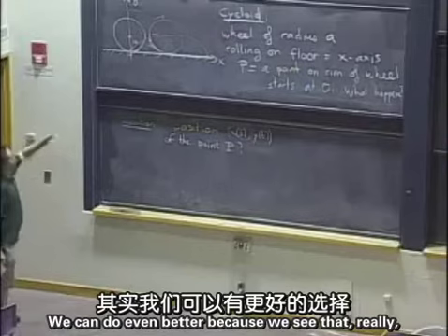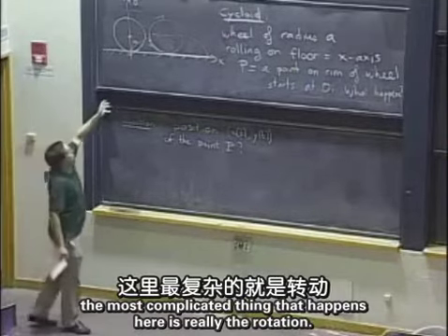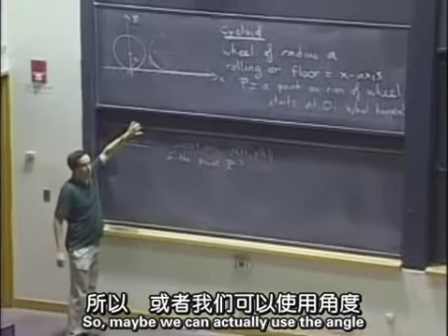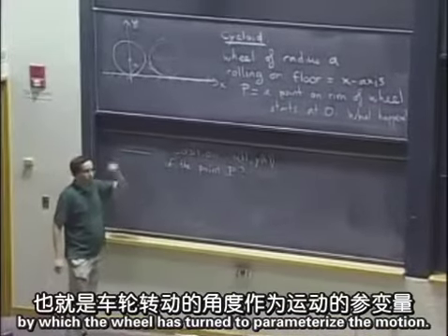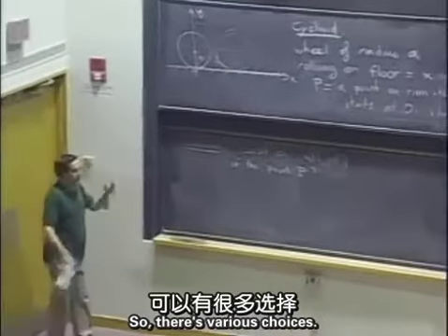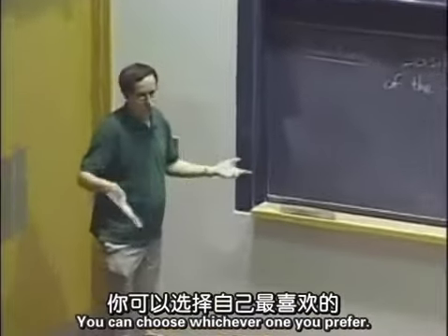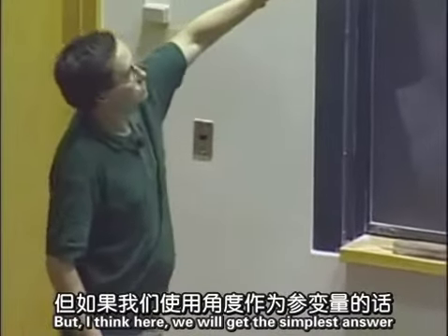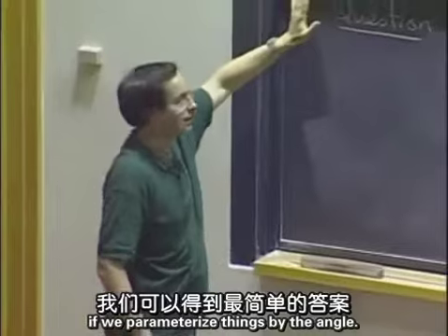Or we can do even better, because the most complicated thing that happens here is the rotation. So maybe we could use the angle by which the wheel has turned to parameterize the motion. There's various choices, and you can choose whichever one you prefer, but I think here we'll get the simplest answer if we parameterize things by the angle.